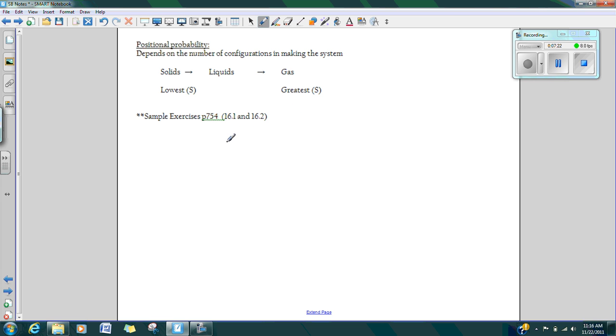Now, if you take a look at page 754, I want you to take a look at these exercises 16.1 and 16.2. Now, as you take a look at 16.1, you can see it wants you to choose the one with the higher positional entropy. What that means is the higher craziness, the more randomness, the more disorder. So for A, are we going to have more disorder with a solid carbon dioxide or gaseous carbon dioxide?